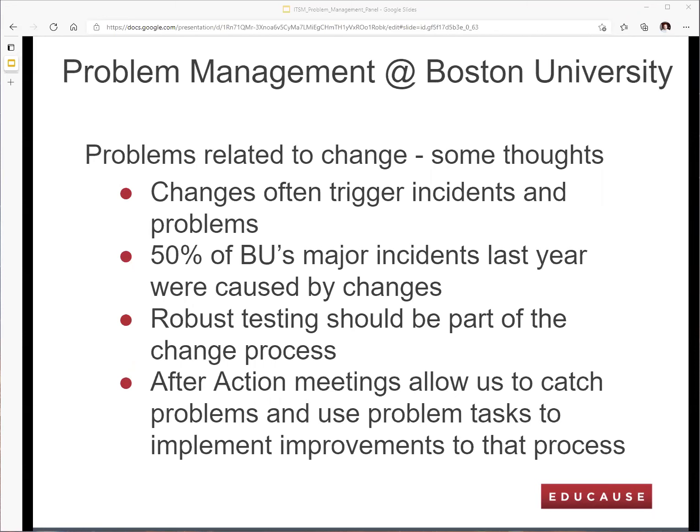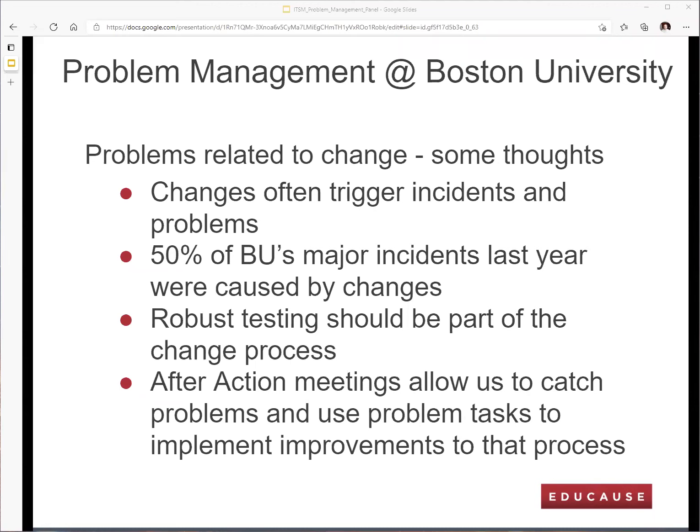There was a question about problems related to change. It is true that changes often trigger incidents and problems. 50% of BU's major incidents last year were caused by changes. Robust testing should be part of the change process. However, there are always test escapes, and there are situations that aren't anticipated that happen.